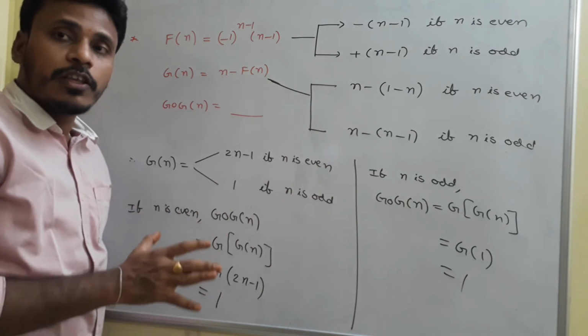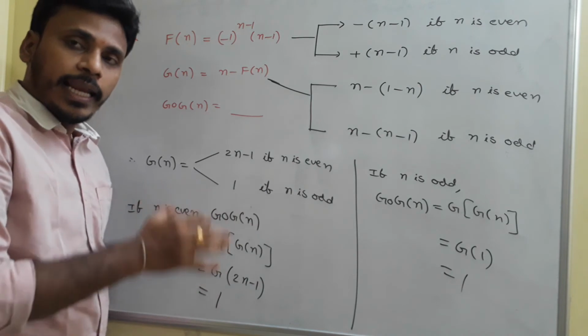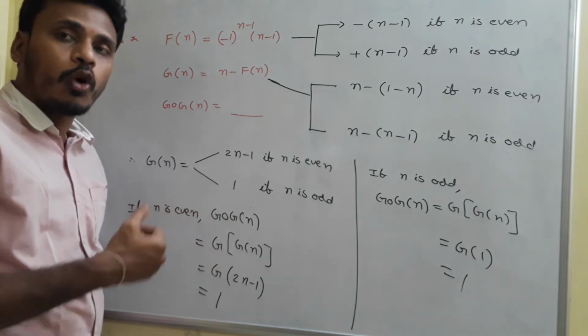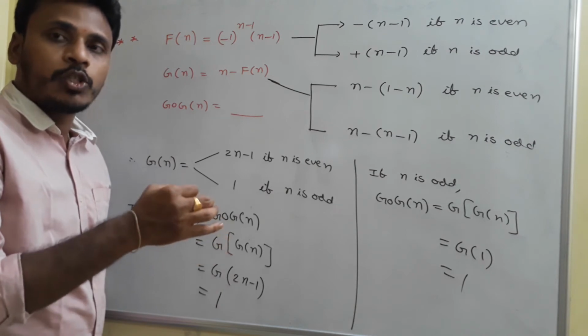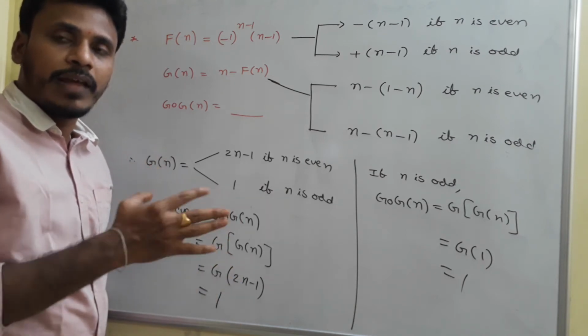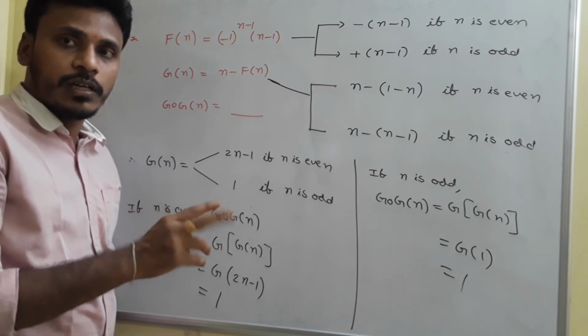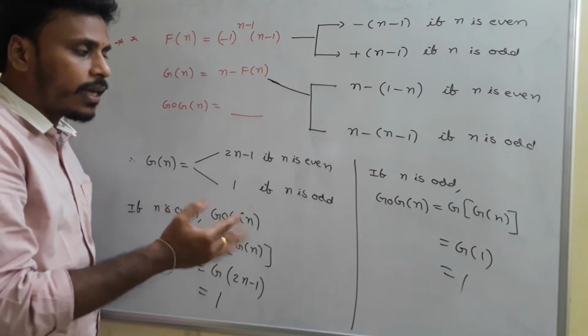In an examination, if you feel any difficulty or confusion with this procedure, directly try to solve the problem by fixing the value of n as you wish. You just fix the value of n, maybe 7, maybe 10, maybe 11, and calculate with 1 or 2 values. Always you will get 1, and there ends your answer.